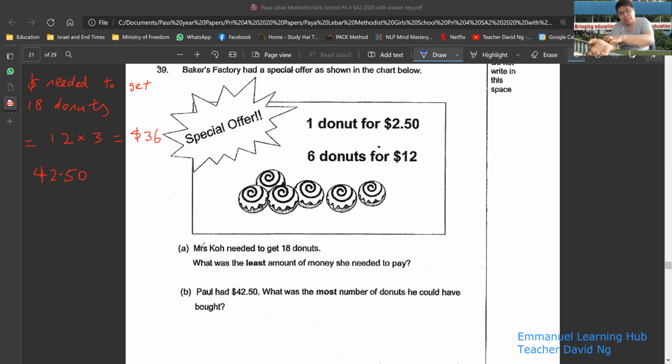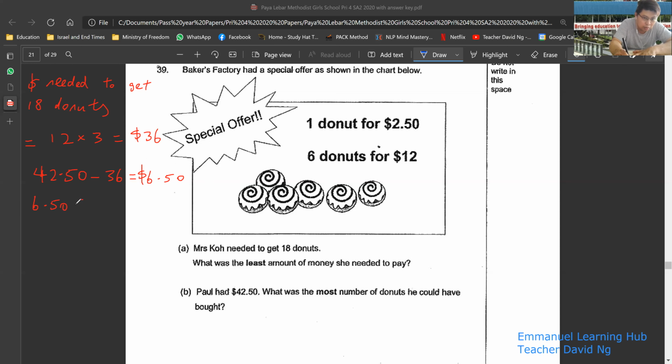Before that, he needs to use $42.50 minus $36. Correct? Then he got $6.50. This time you understand why, right? This is the residual amount he has. Assuming he bought 18 donuts already, he has $6.50 left, right? Each donut is $2.50.